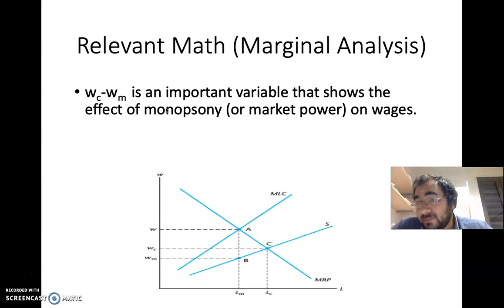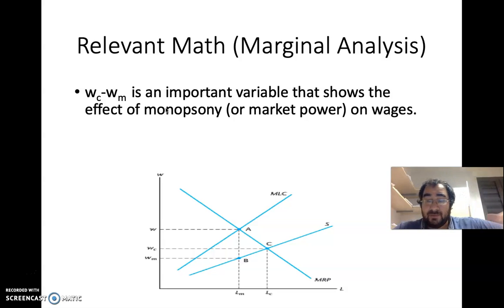Although, of course, when we are looking at the conventional marginal analysis, it's not important what amount is equal to the amount of money workers lose because of the competitive market.